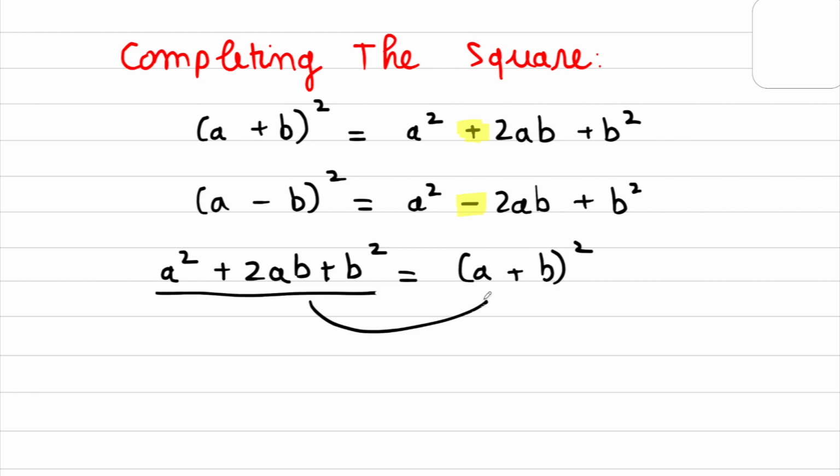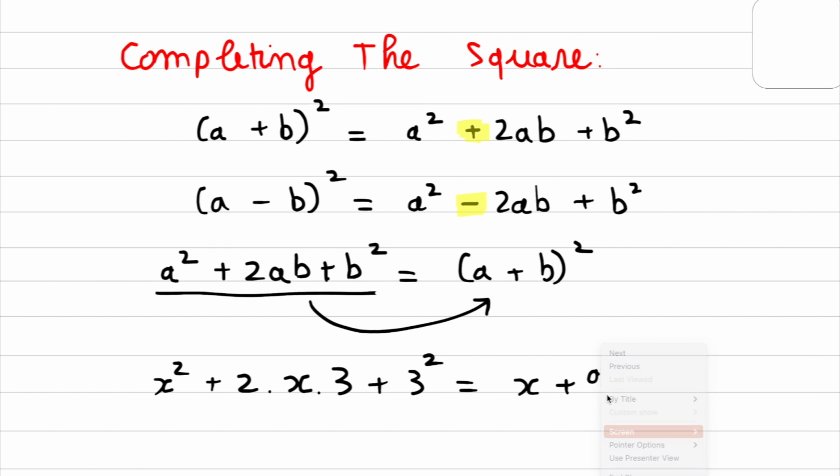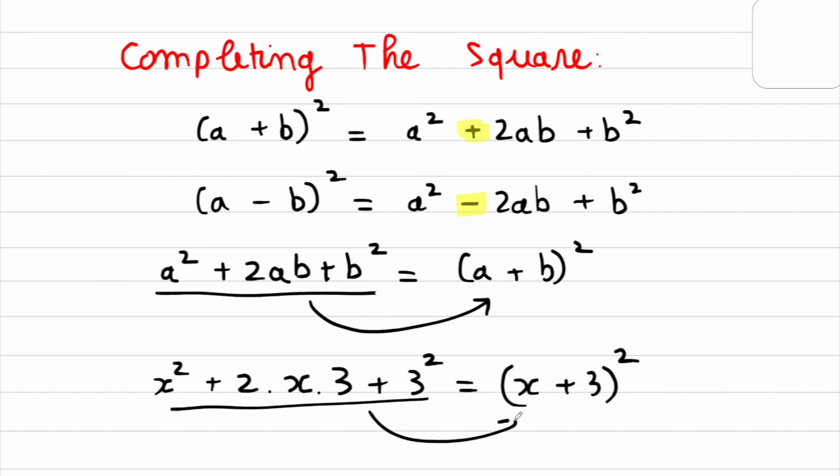From three terms it becomes only one term, the square of a sum or subtraction. We call this completing the square. For example, I have x squared plus 2 multiply x multiply 3 plus 3 squared. This is equal to (x plus 3) squared, and this technique we call completing the square.